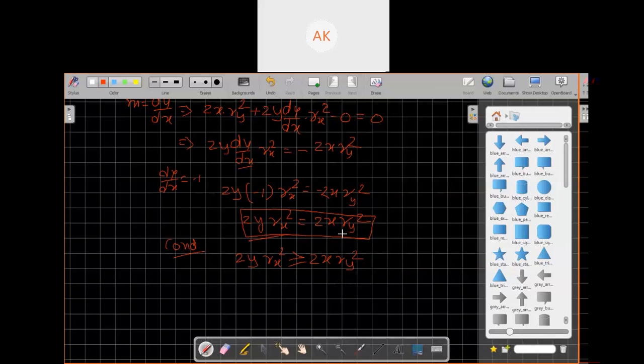When the other value is greater, you are in region 1, and when these two values are equal, you are at the intermediate point of region 1 and region 2. Is it clear? If you have any doubt, please unmute your mic and speak. At this point, is everything clear? If you have any doubt, please ask.